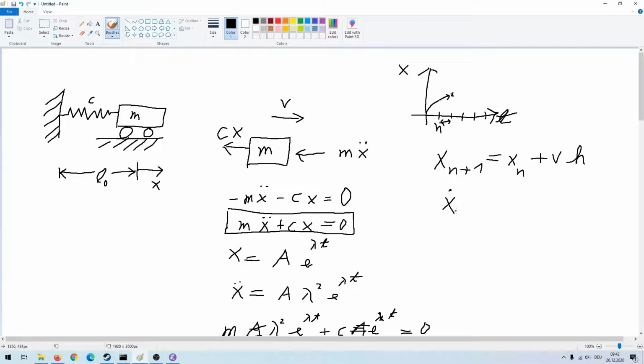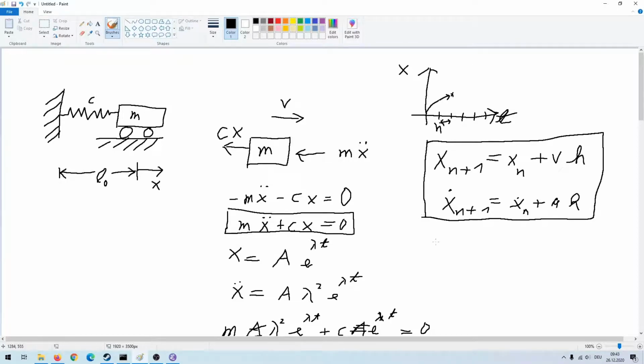So we can say, okay, our velocity in the next time step is our velocity in the initial time step plus the acceleration times the time step. And exactly these two formulas are the ones we're going to use in our C code to compute the position.